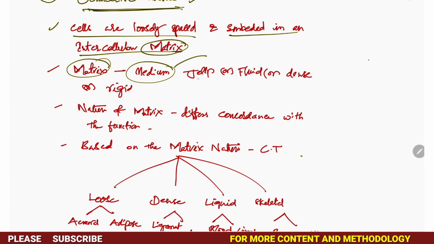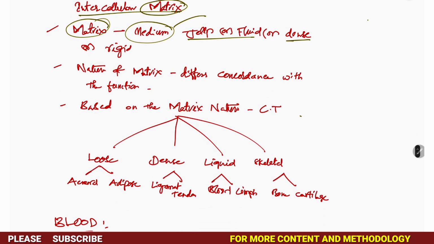It may be jelly or fluid, as in the blood, or dense as in the bone and cartilage, or rigid and dense as in the ligament and tendon. The nature of the matrix differs in accordance with the function of the particular connective tissue.